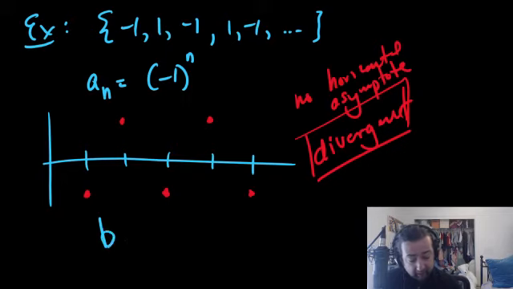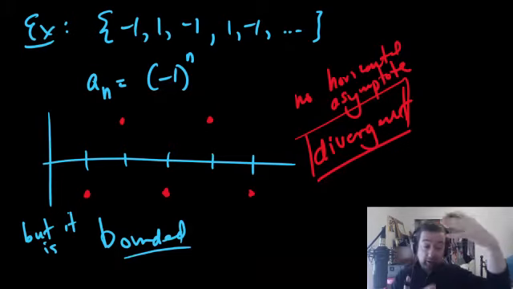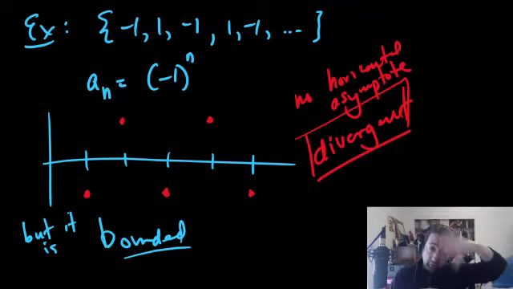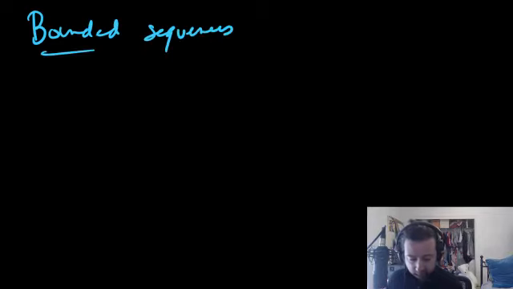Okay. So this is a divergent sequence. Now it is bounded, which I'll define on the next slide. That means there's some number, 1 in this case, where it never goes above 1 and it never goes below -1. The whole sequence is contained in some specific finite amount of y values. So, bounded sequences. a_n is bounded.